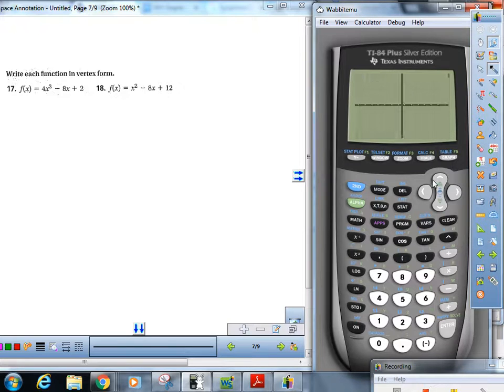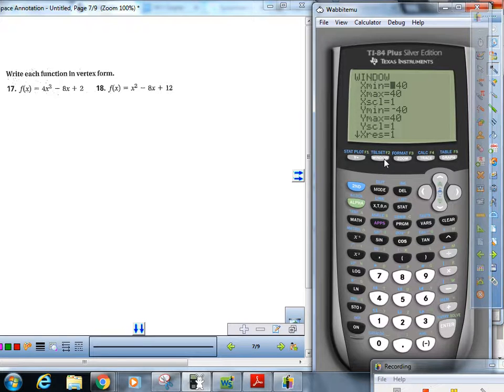Graph it. Oh dear. Huh, that's really weird. I still have no idea why we're not finding this.